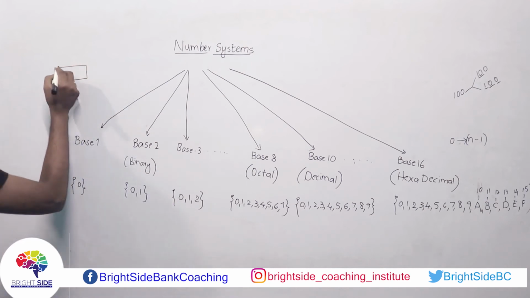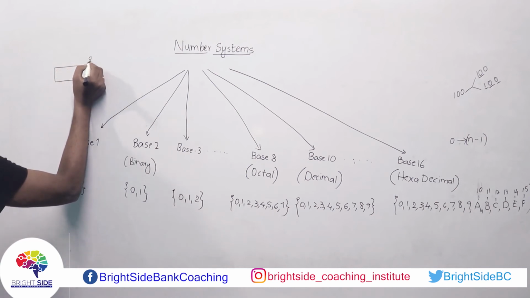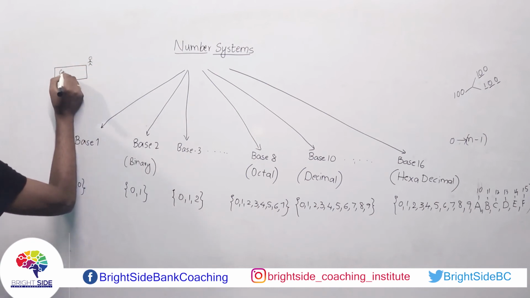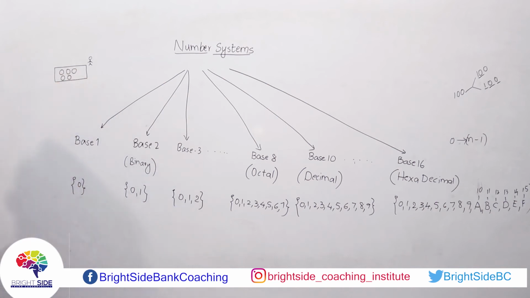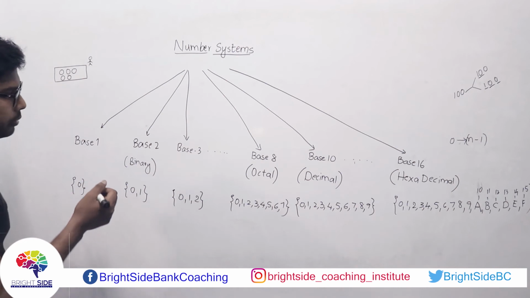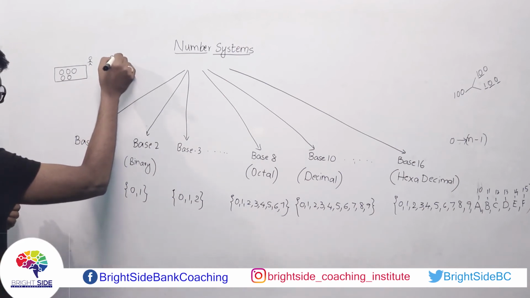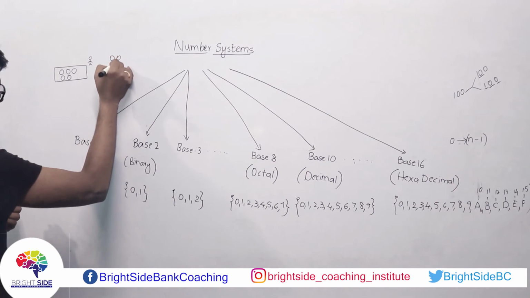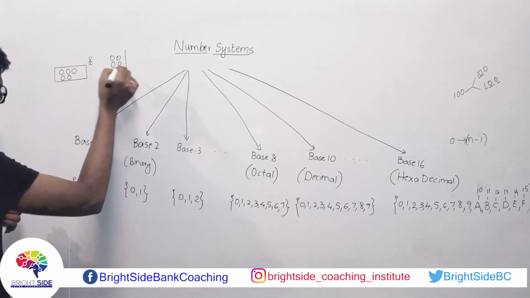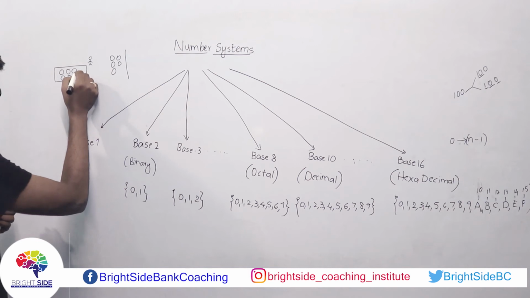A person owns this farm and he has 5 cows. In those days people didn't know how to count, so they used stones. So they have stones.